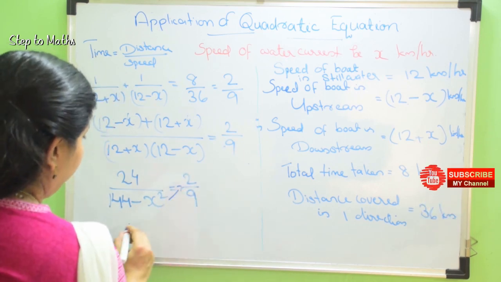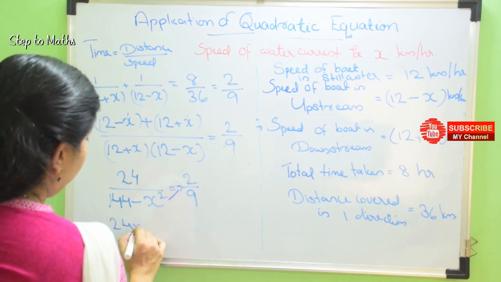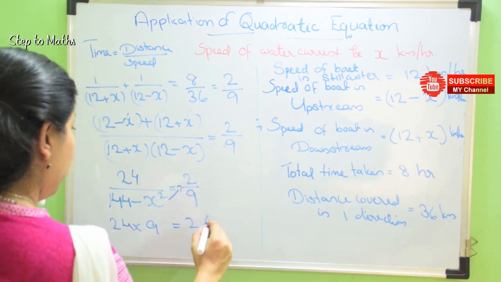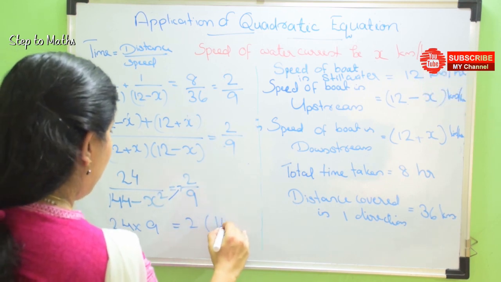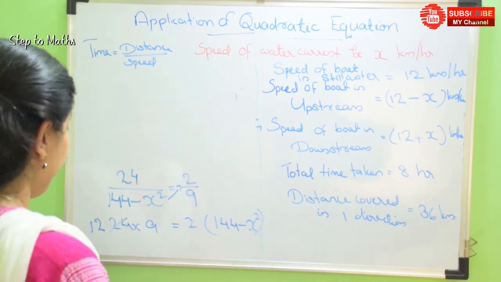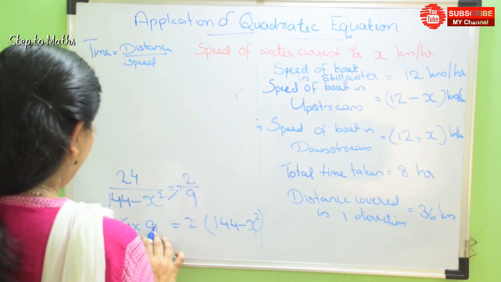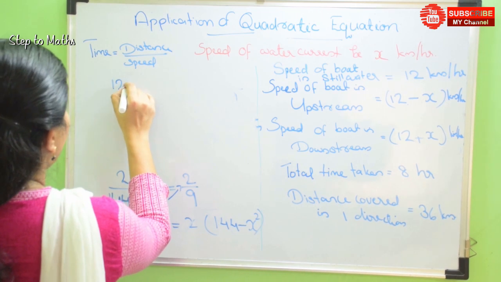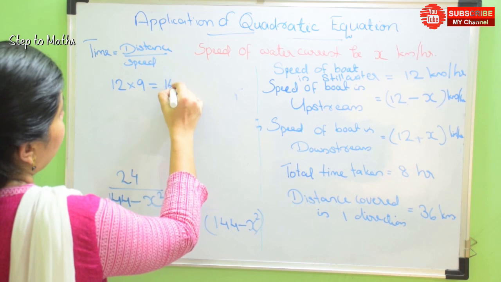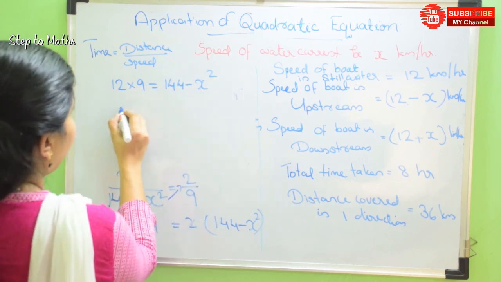Cross multiply. 24 into 9 equal to 2 into 144 minus x square. We can simplify 24 and 2, that becomes 12 into 9 equal to 144 minus x square.